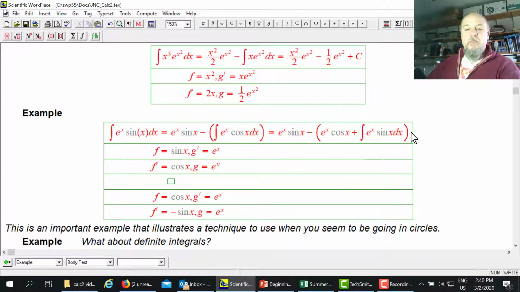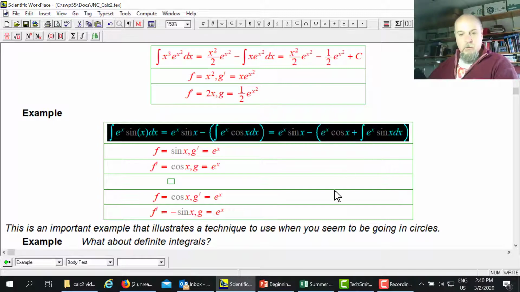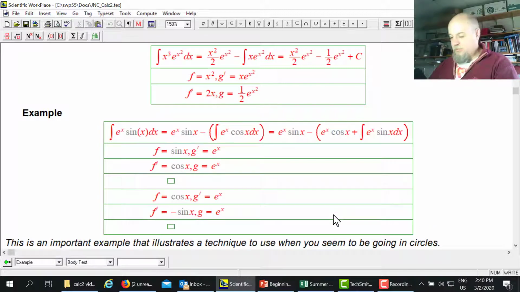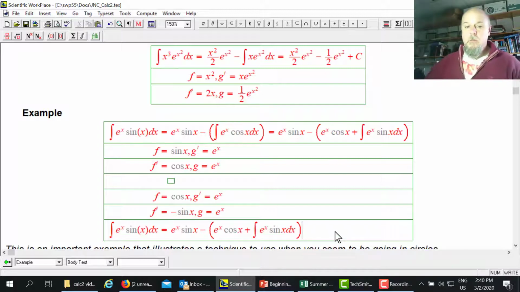Well, here's the trick. Let me take this piece, and I need some space, so let's put it down here. This is what I've got now. Well, what am I trying to do? I'm trying to get this integral equals something, some formula.